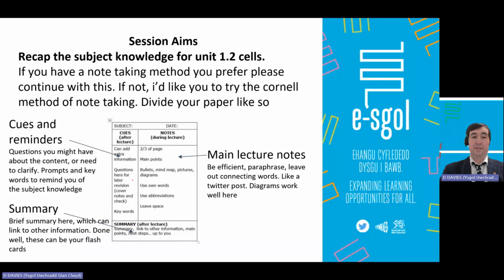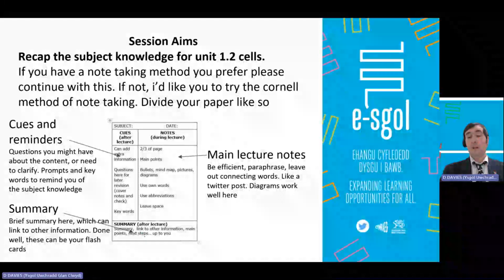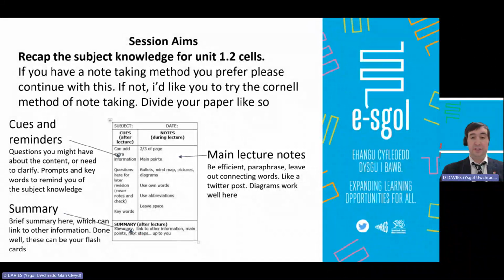That's a big help. And then for the summary after the lecture, you need to try and summarize everything that's in here into this bit. That bit there is the start of your flashcards. I find that is an efficient and effective way of note taking.